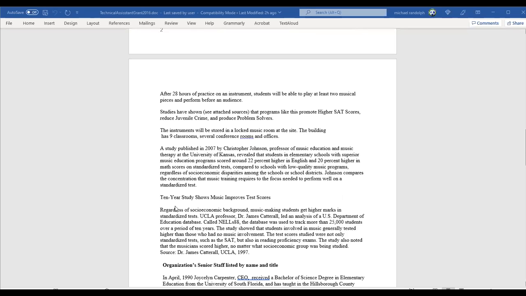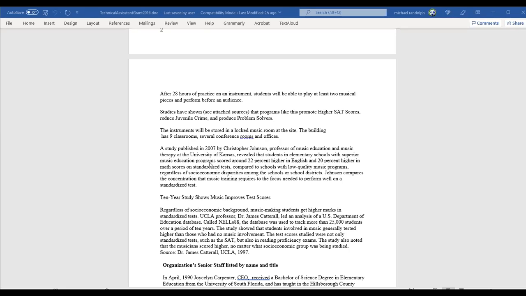She added more. Look at this right here. Read this right here. 10-year study shows music improves test scores. And what is that called? Quantitative evidence. Yes, exactly. She used it to support her argument.